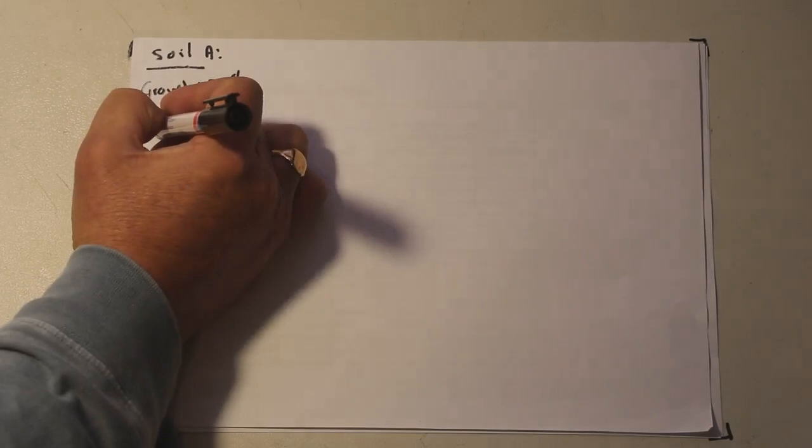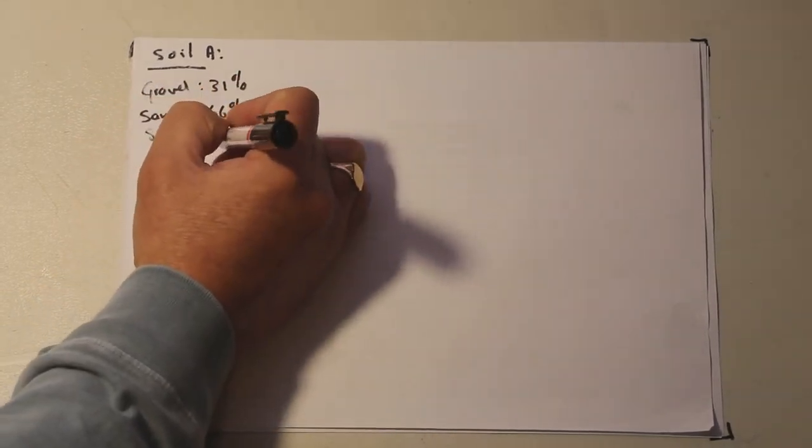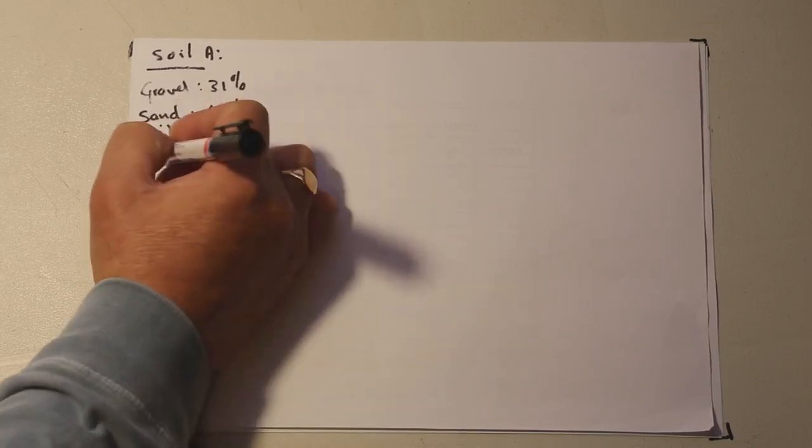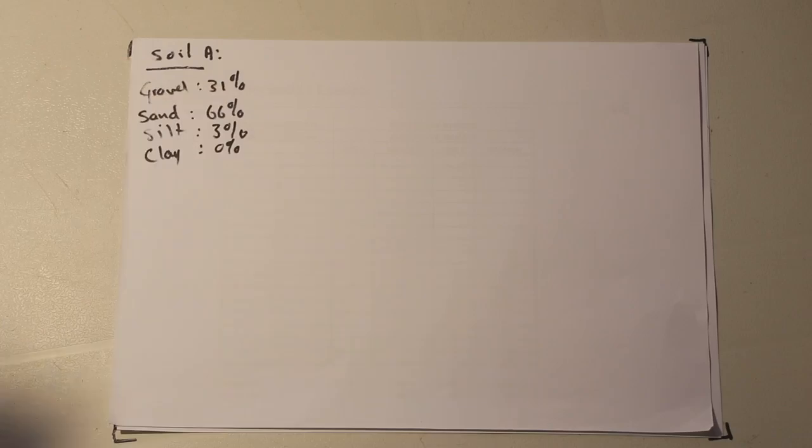So the silt is 3%, and in this particular case there is 0% clay.